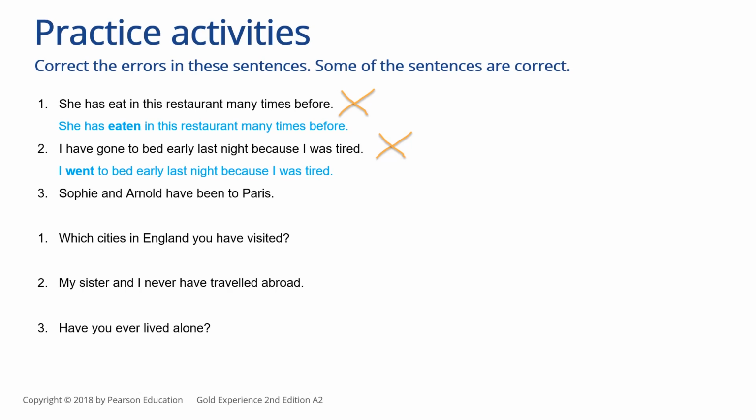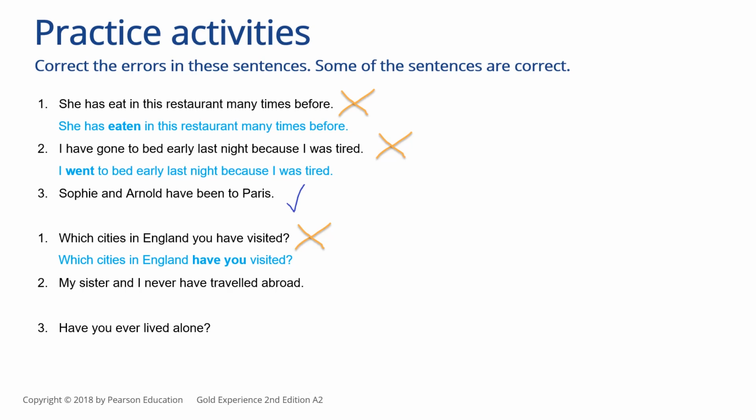Sophie and Arnold have been to Paris. This sentence is correct. Which cities in England you have visited? What's the problem here? I think the word order. There's something wrong. Yes, you're right. Which cities in England have you visited?